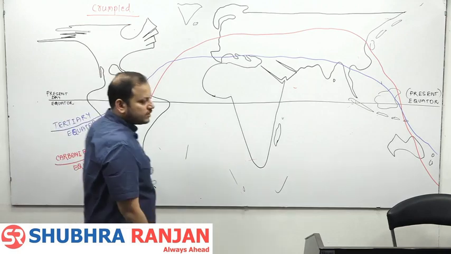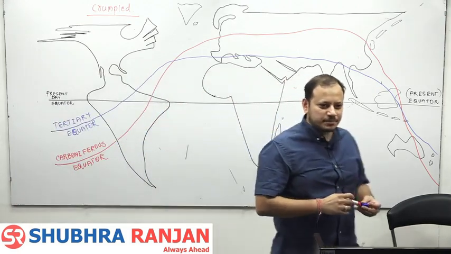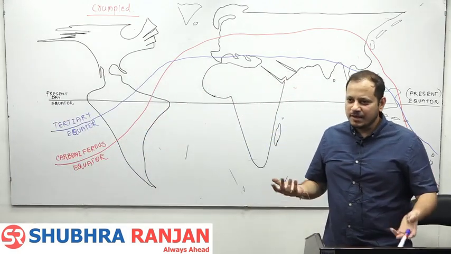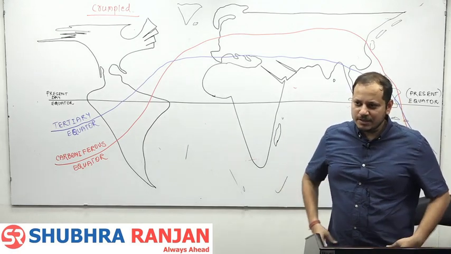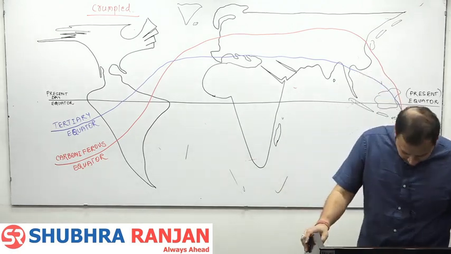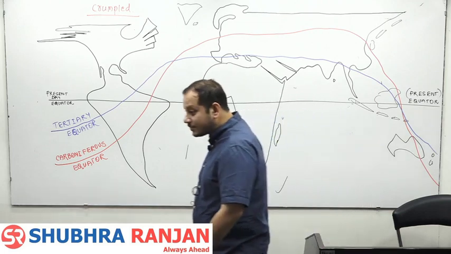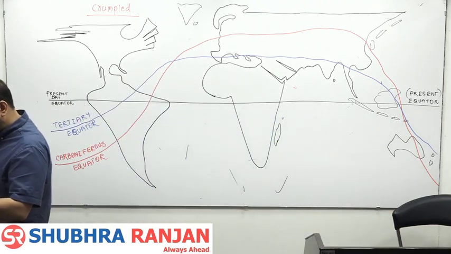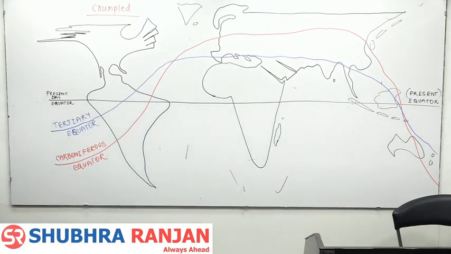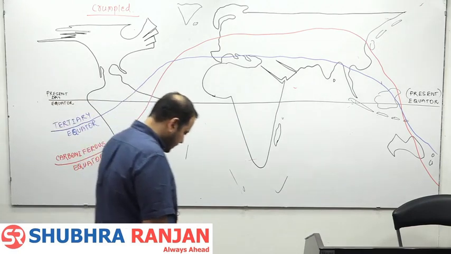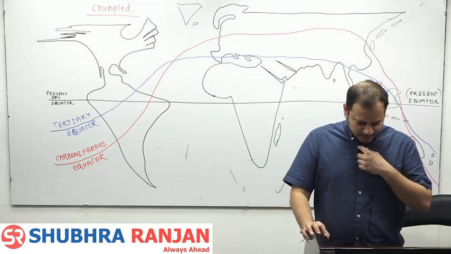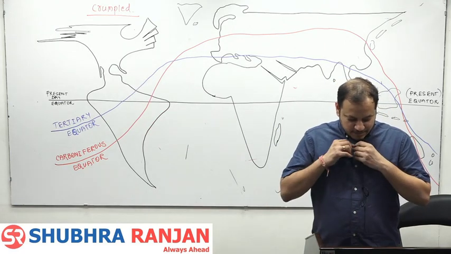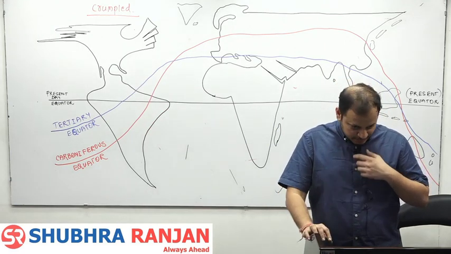Crumple मतलब झुर्रियां पड़ना, that is wrinkles, were crumpled to give rise to fold mountains such as Andes and Rockies due to the resistance of Sima.